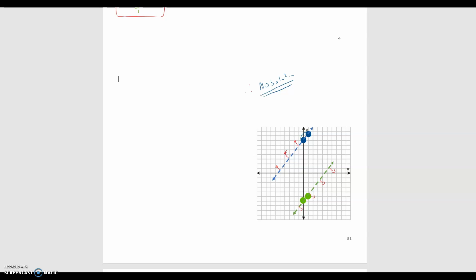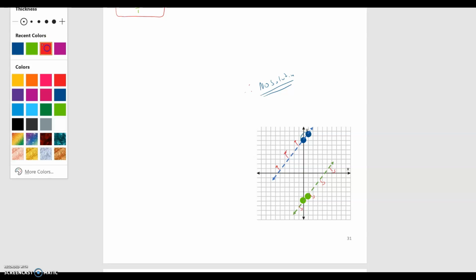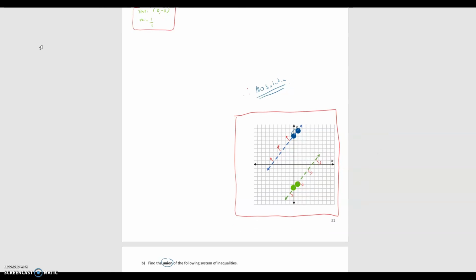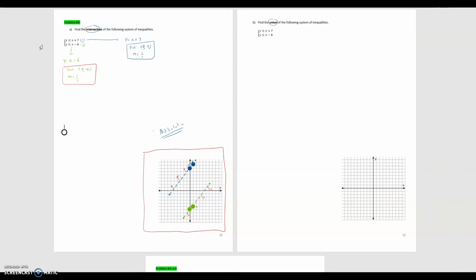We're just going to express that by circling that portion, but we do have to mention that this is a no solution. They want us to find the intersection, so no values get shaded on this one. Let me pause the video and transfer this over.